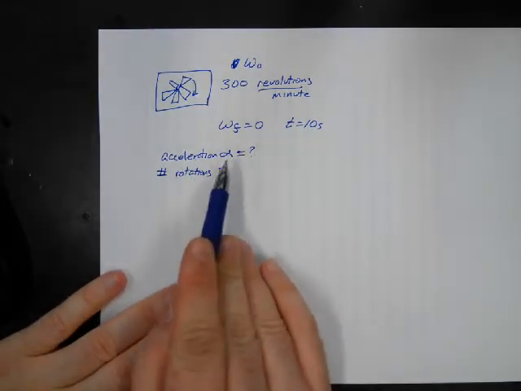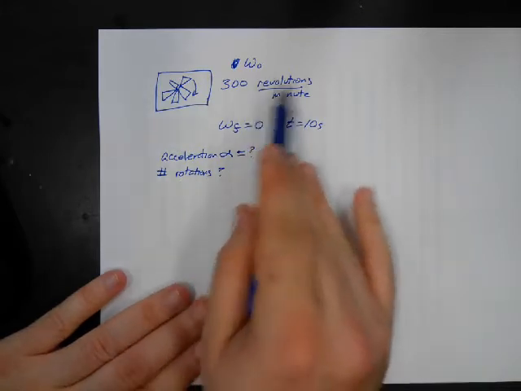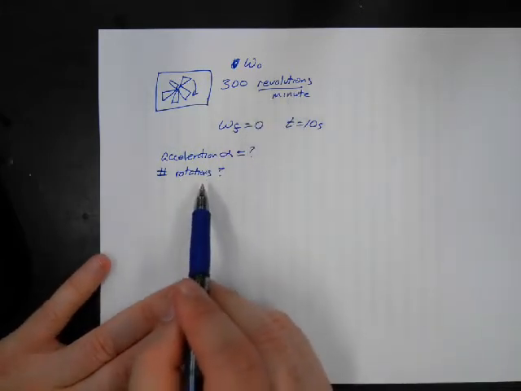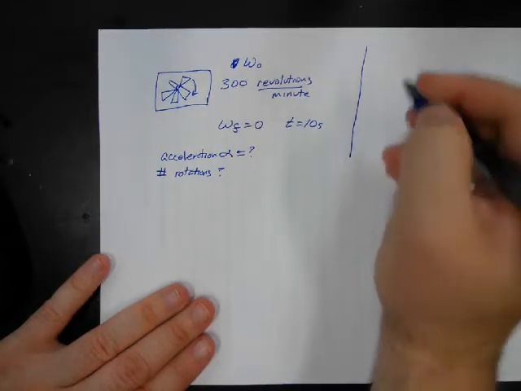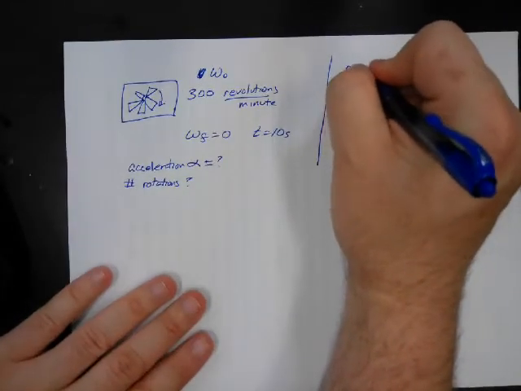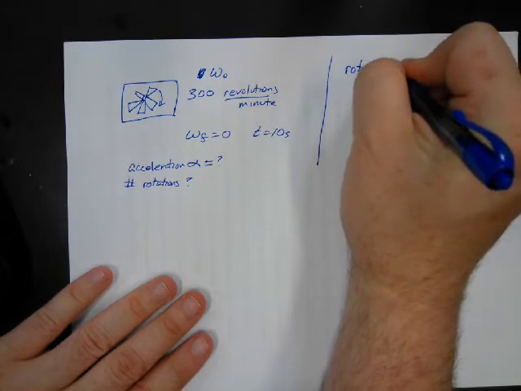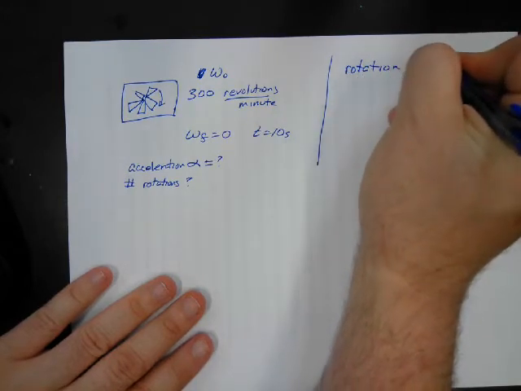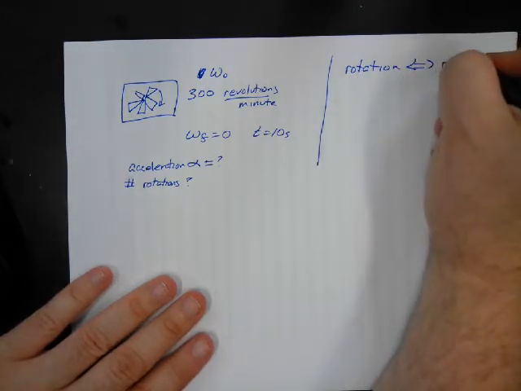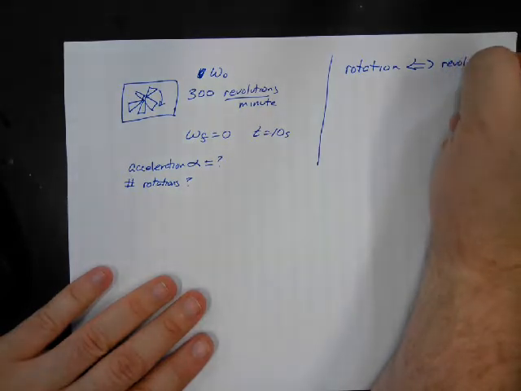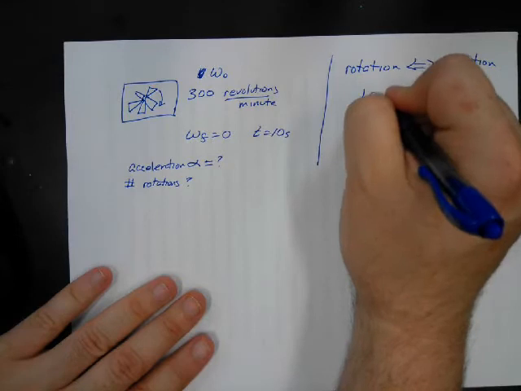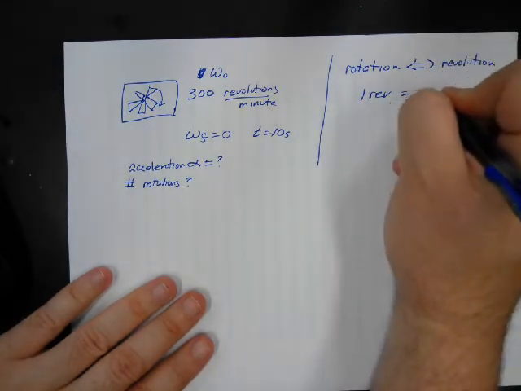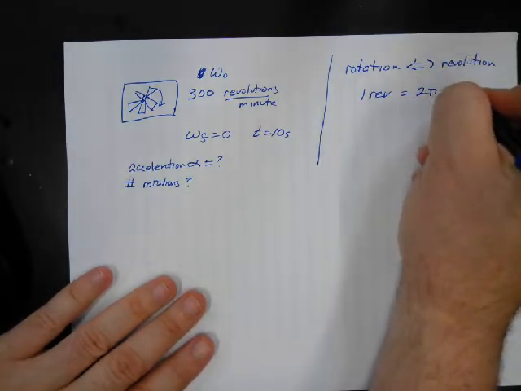Here's what we're going to do. First off, we need to make sure we understand our units here. When we do a problem, the word rotation is synonymous with revolution, and one revolution is 2 pi radians.